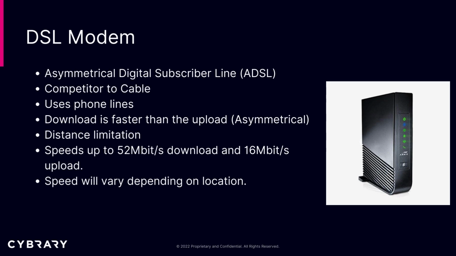DSL has a distance limitation from the central office, normally between 8,000 and 10,000 feet, so its availability is limited. Its speeds may be limited as well. Speeds may be up to 52 megabits download and a 16 megabit upload, but again, that's going to vary depending on your proximity to the central office.